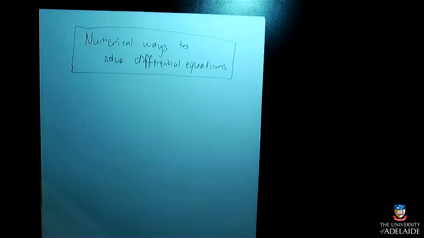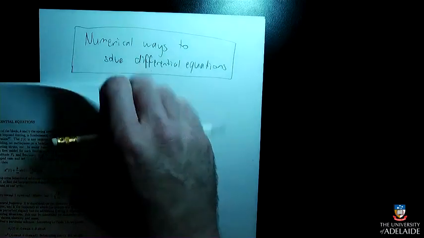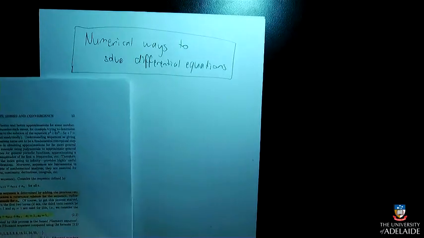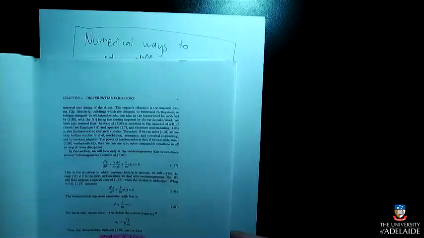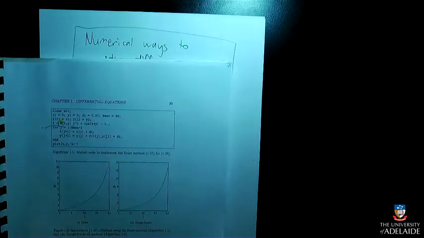So, they're both numerical ways of solving differential equations. I just have a quick look through. That's Euler's method. And then the Runge-Kutta method, or Runge-Kutta, who knows. Okay, here it is. Thank you.